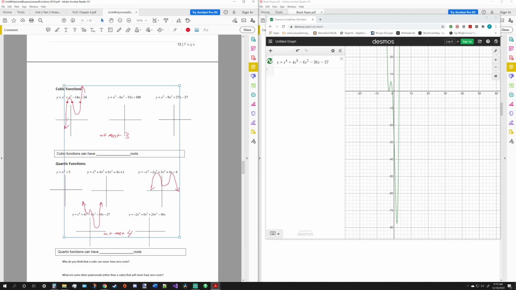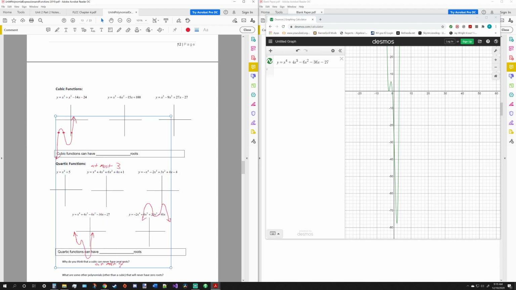I can move it so that there's one x-intercept, or I could move it like this and there's still one x-intercept, and because it goes from negative infinity to positive infinity, it will always cross the x-axis. So it goes back to that idea of the end behavior, opposite end behavior, right? If we start at negative infinity and end at positive infinity, then somewhere in between we had to have gotten past 0, okay? And again, that's because polynomial functions are smooth and continuous functions.